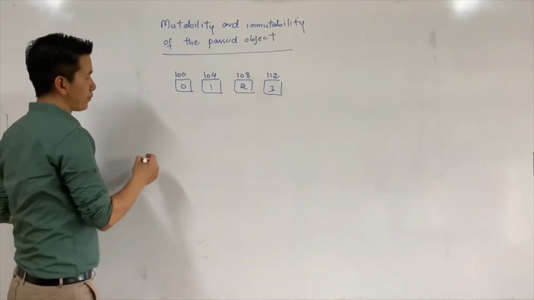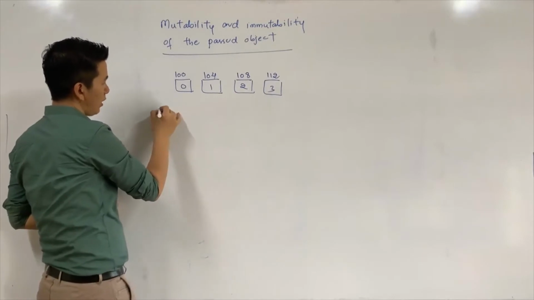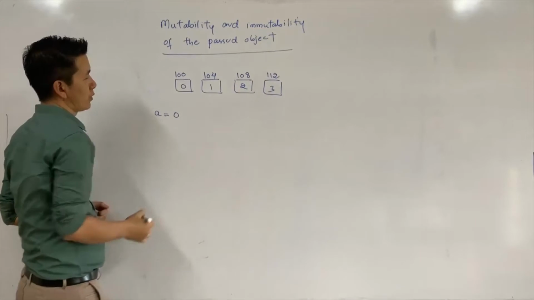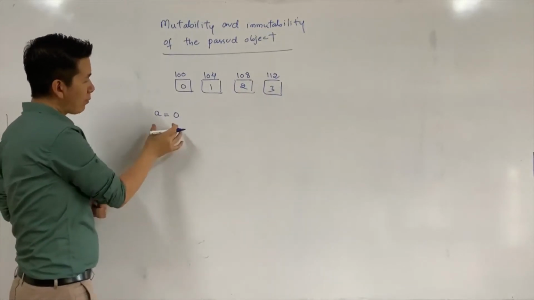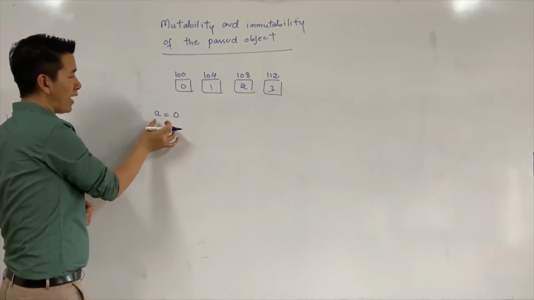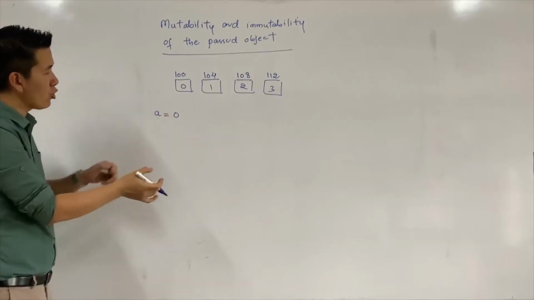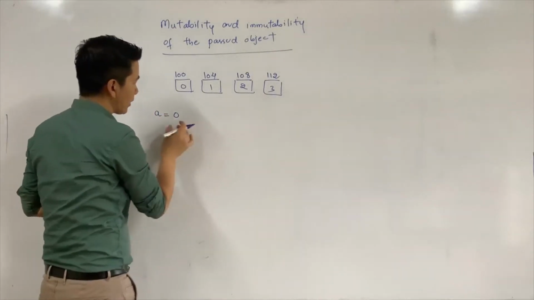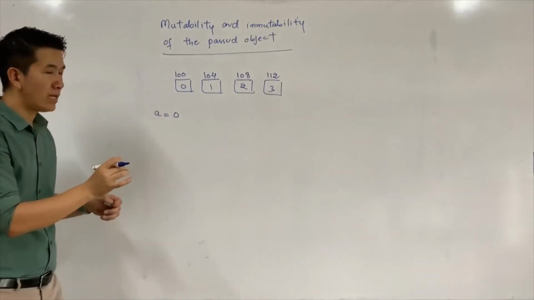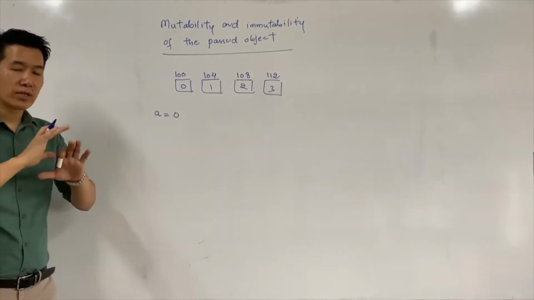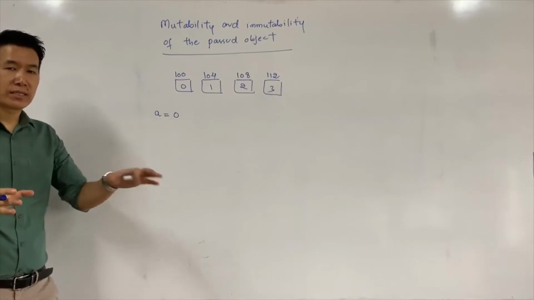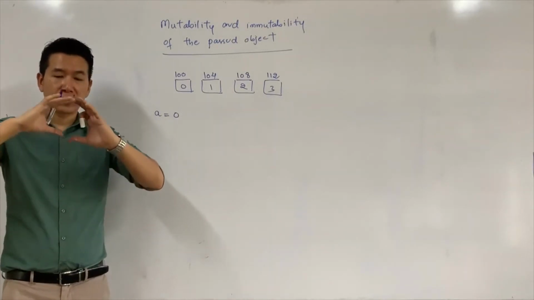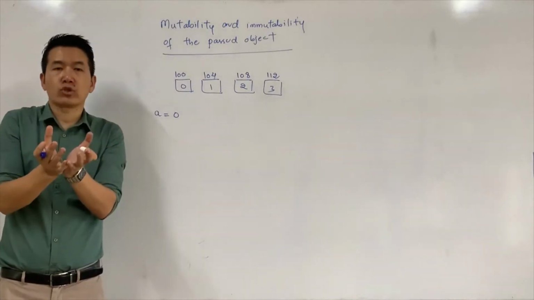So now let's say you have the expression a is equal to 0, alright? Now what happens is, whenever the value 0 is assigned to a, the variable in Python is not a storage container. It's not like C++ or Java where the variable is considered a storage container in which the value is stored.